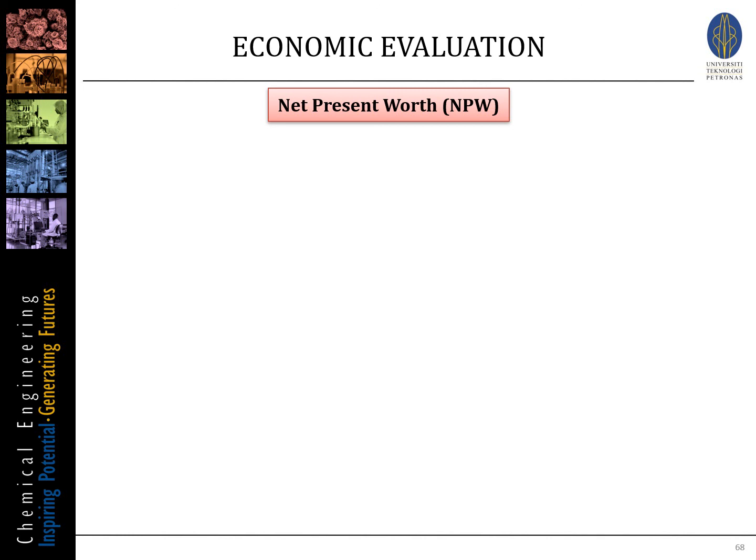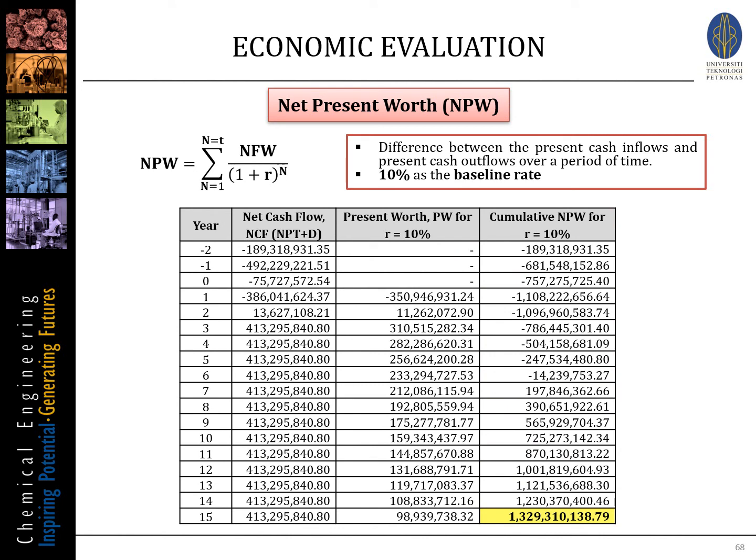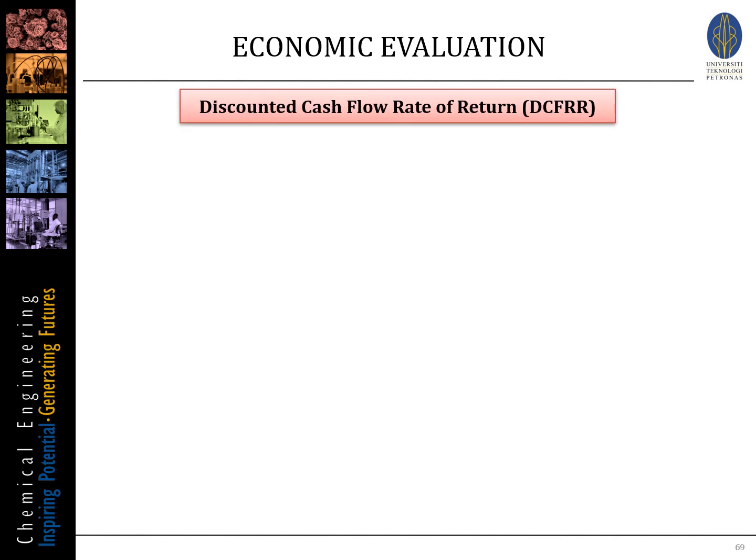Now I'd like to talk about the net present worth, the NPW. It is the difference between the present cash inflow and the present cash outflow over a period of time. As we can see from here, the NPW for this project is about 1.3 billion ringgit Malaysia with 10% as the baseline rate. Next is the discounted cash flow rate of return, the DCFRR.